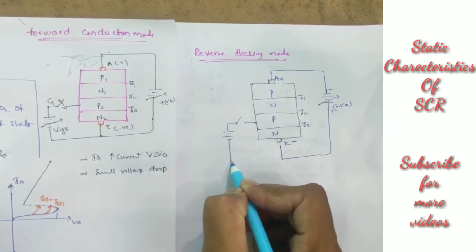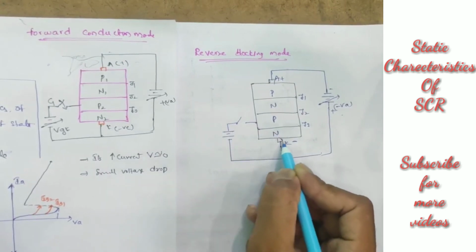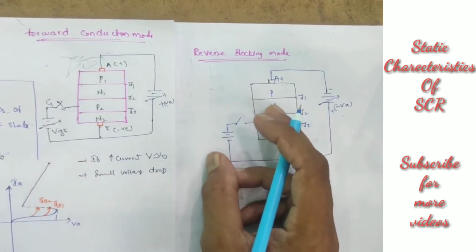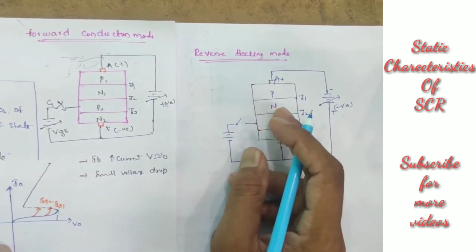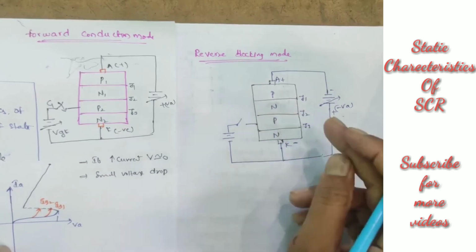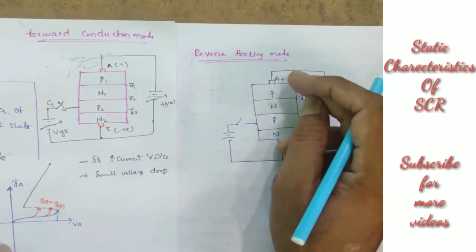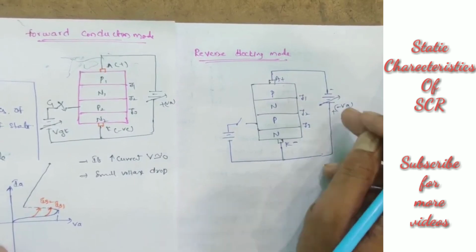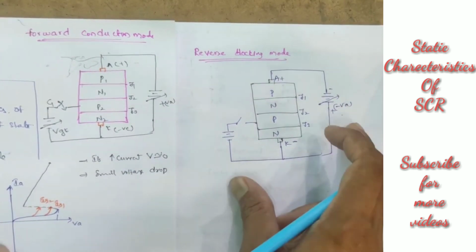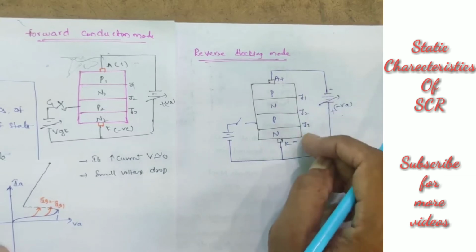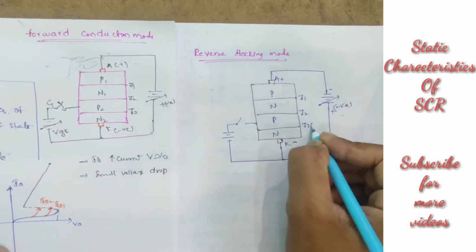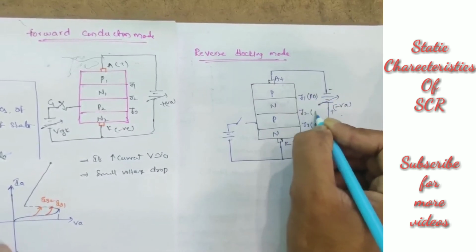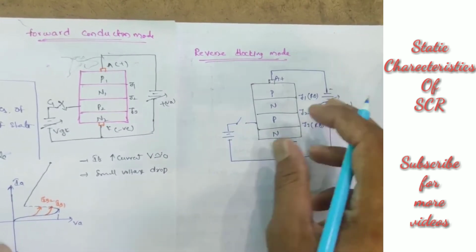In this case, as the name indicates, it is connected in reverse bias. The anode is connected to the negative, the cathode is connected to the positive. In this case, the junctions J1 and J3 are in reverse bias, and J2 is in forward bias.